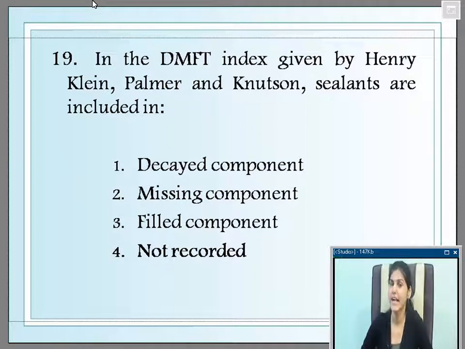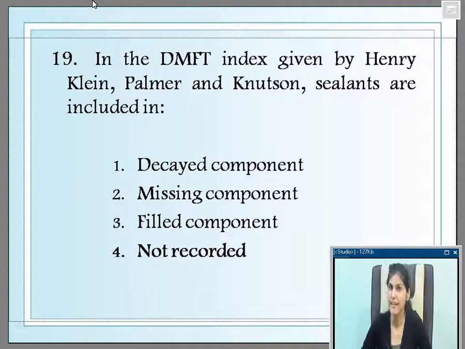But their index criteria were so strong that they have always mentioned that a filled tooth will be recorded as F only and only if it is filled for caries.